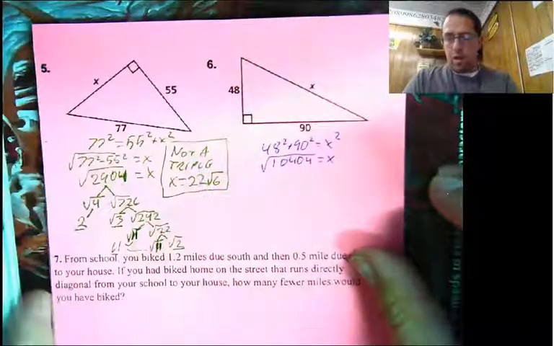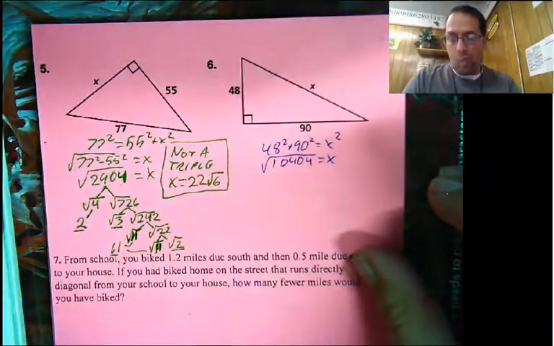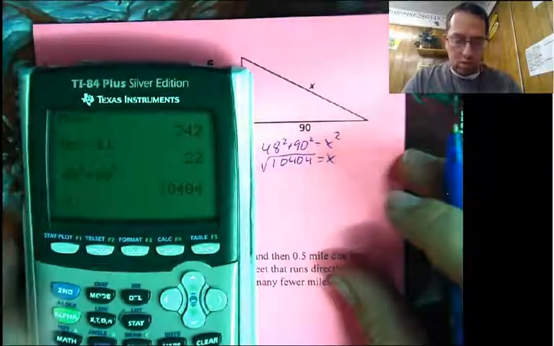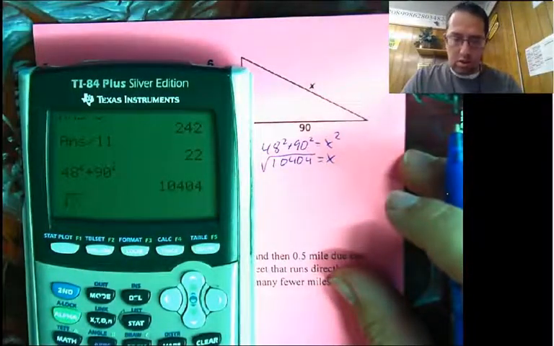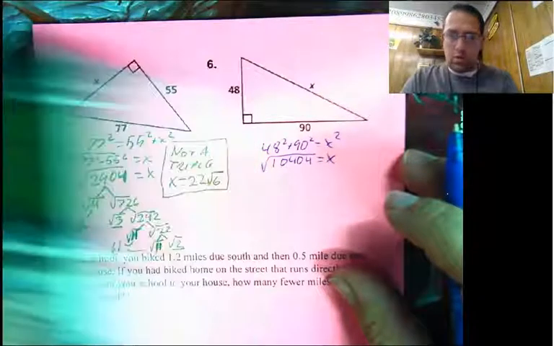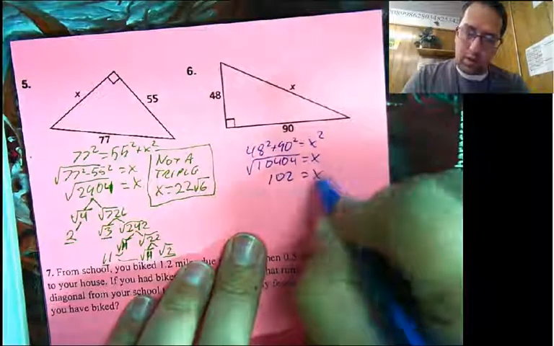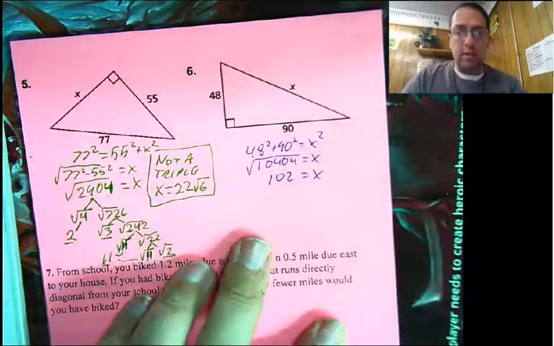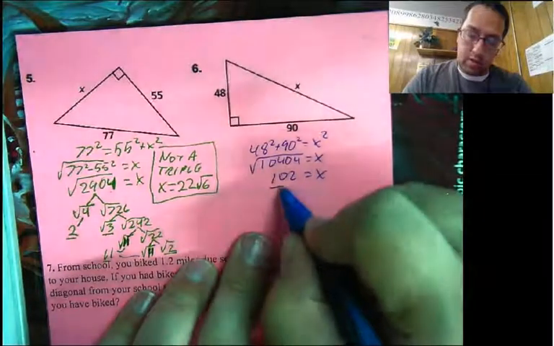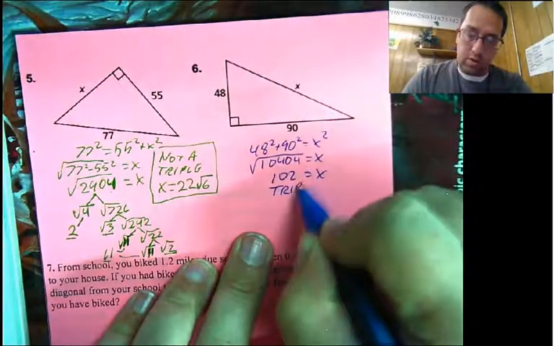10,404. And that's interesting. Let's see, is it a square root? Second answer. There we go. 102. So 102 equals x. This is a whole number, which means this is going to be a triple.